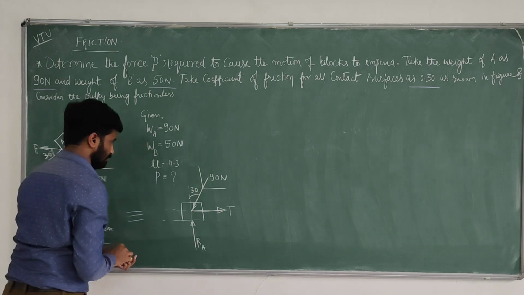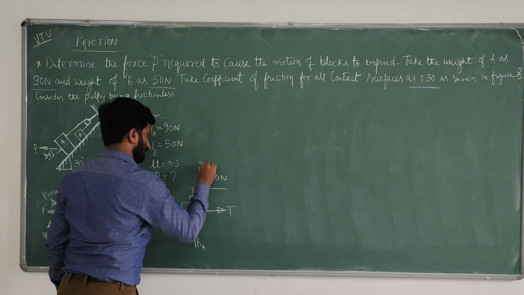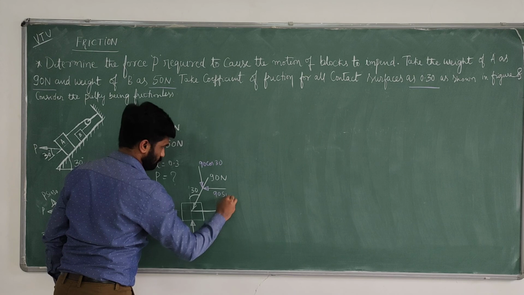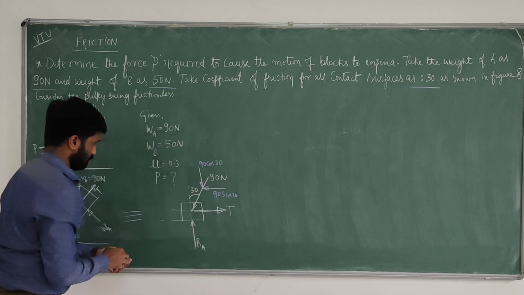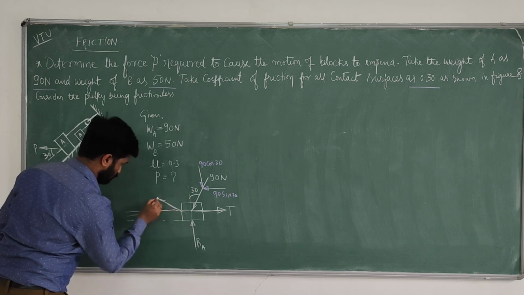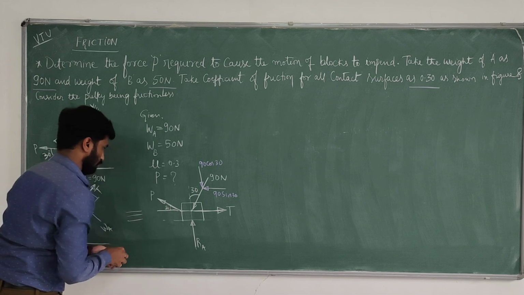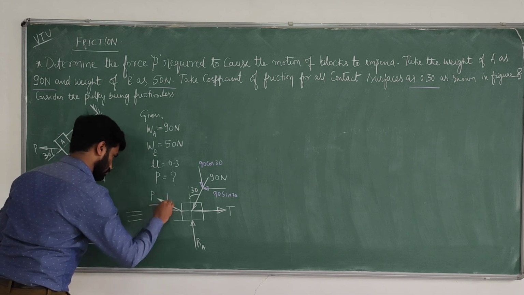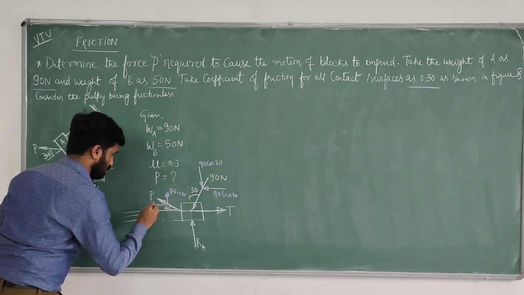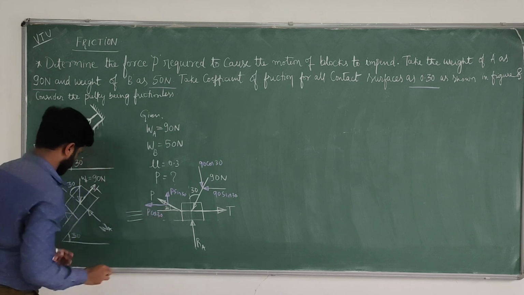If you resolve this, you get 90 cos 30 and 90 sin 30. Also you have one more force, P, at an angle of 30 degrees. If you resolve this P value, you have P sin 30 and P cos 30.